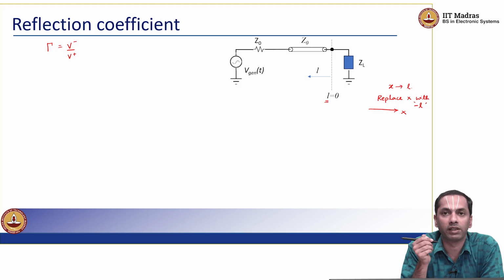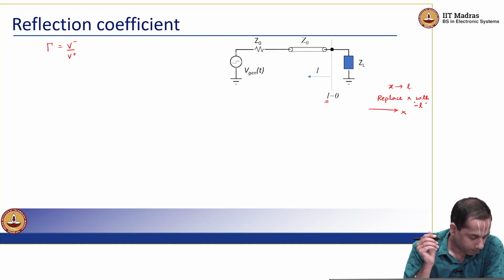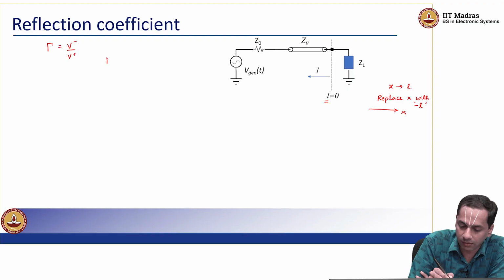Now we have to look at this reflection coefficient as a phasor, right. So we are now in the phasor domain where V plus and V minus are now complex phasors, right. So here we will say it is defined the same way but expressed with phasors.